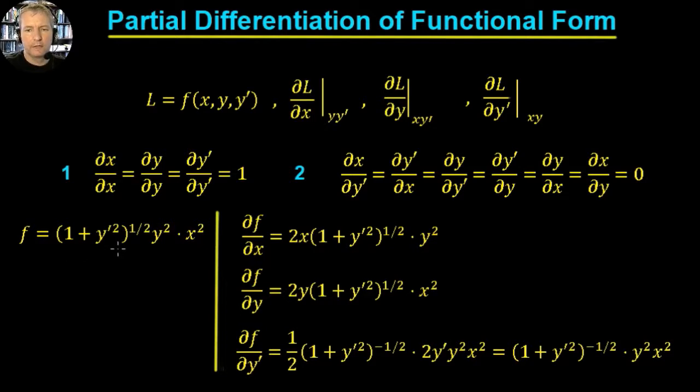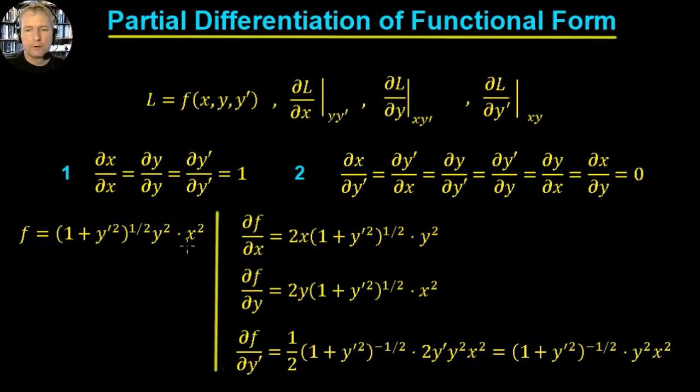Now you've seen the equation of a hanging rope whenever we derived that. So this has got part of the equation of a hanging rope here, 1 plus y derivative squared to the power of a half times y, but I've added a couple of extra terms. I've squared the y and added an x squared in. So let's go ahead and differentiate this function here with respect to x, y and y derivative. When I differentiate it with respect to x, y and y derivative act as constants.